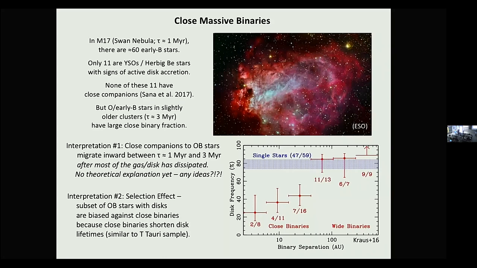So yeah, that's a good prediction. I'm predicting that the 49 early B stars that do not have disks will actually have close to 100% close binary fraction, to compensate for the deficit that we see in the ones with disks.